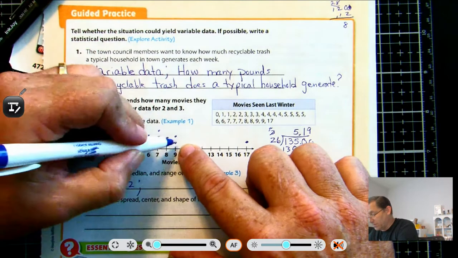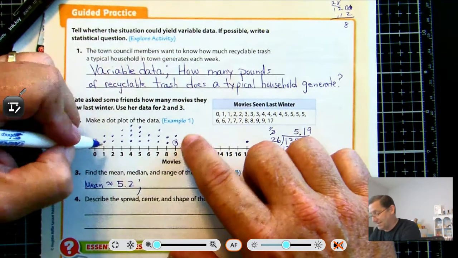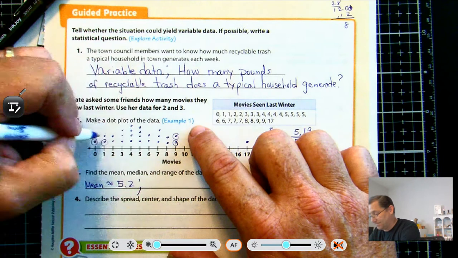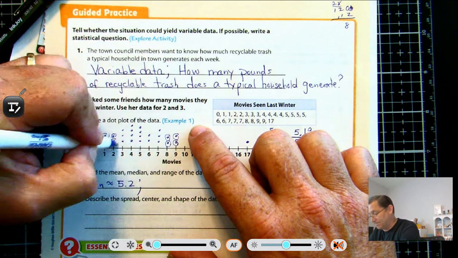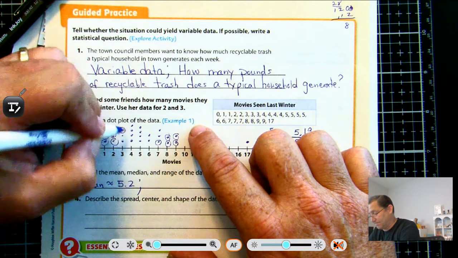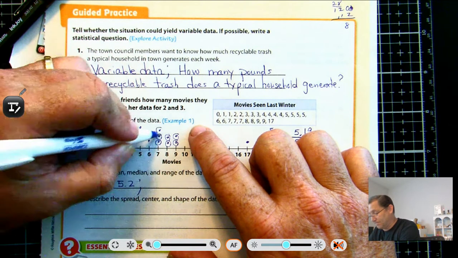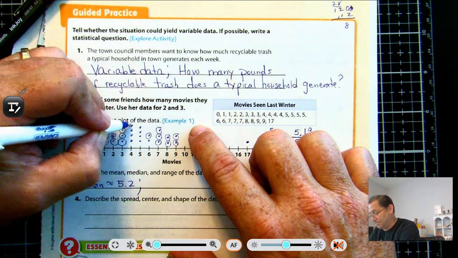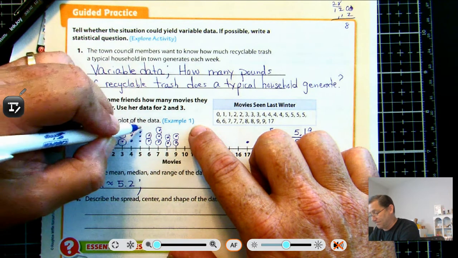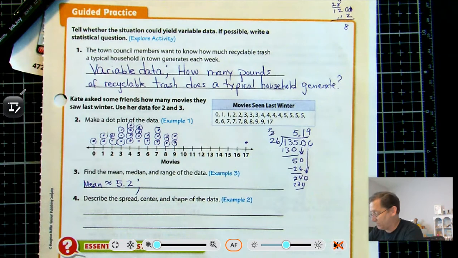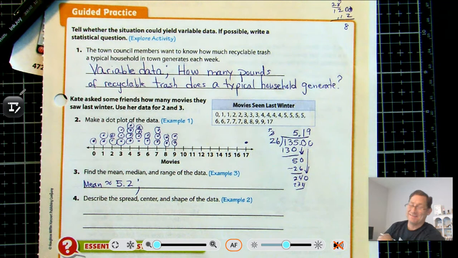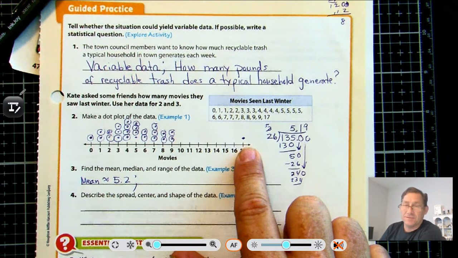The median, so we can cross off from the ends. Oh, 17 so far over, I forgot to do 17.